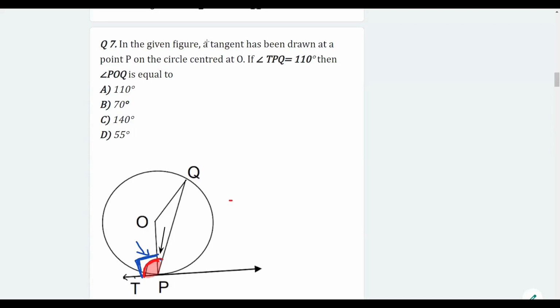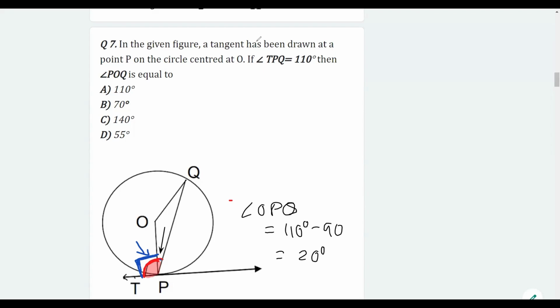Let me write down the name of the angle: angle OPQ. It should be 110 minus 90. This is equal to 20 degrees.